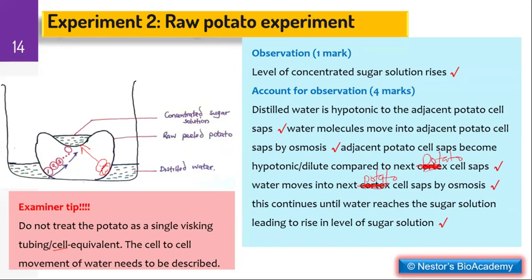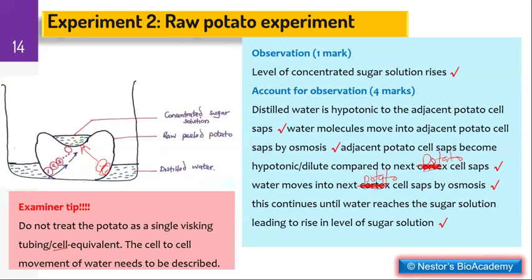So water moves from the first potato cell to the next potato cell by osmosis again. Then you will find that this process continues until water reaches the concentrated sugar solution, increasing the level there.